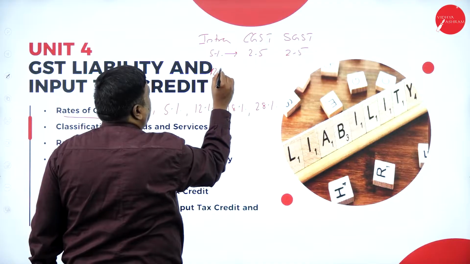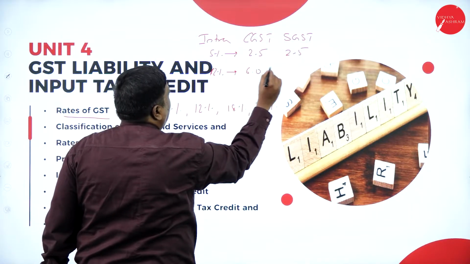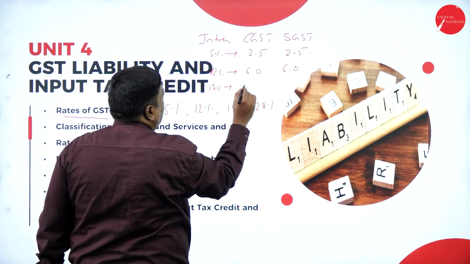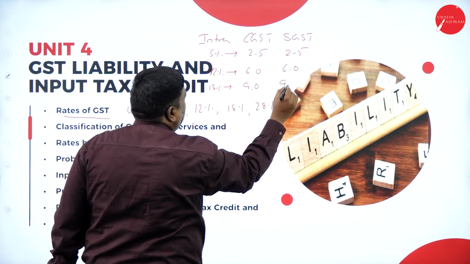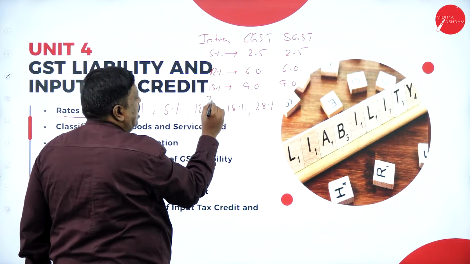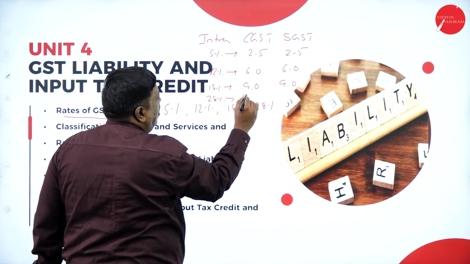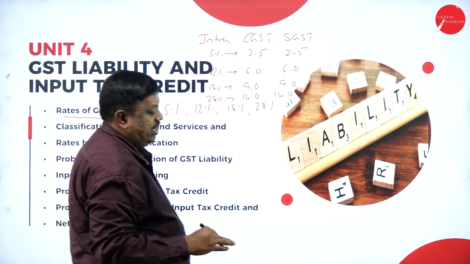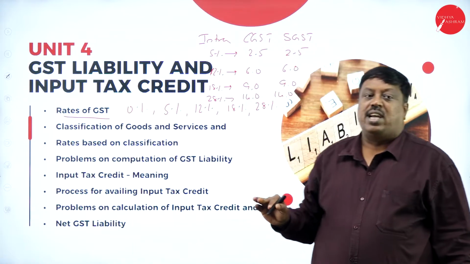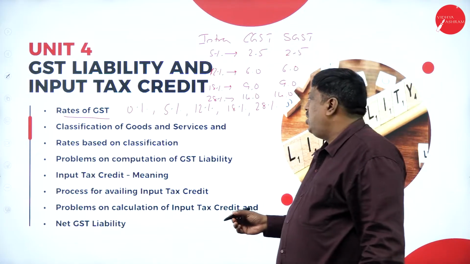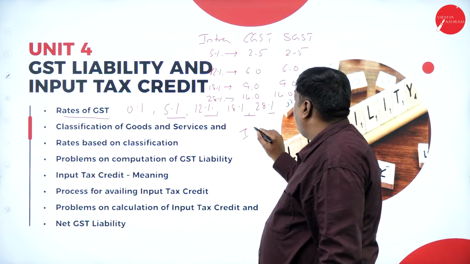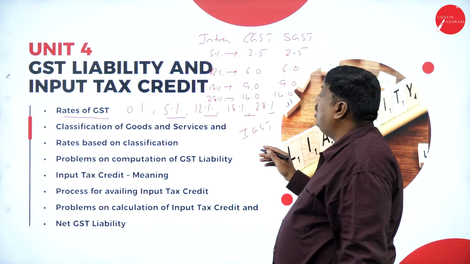If it is 12%, 6% will go to CGST and 6% to SGST. 18%, so 9% will go to CGST and 9% for SGST. 28% means 14% will go to CGST and 14% to SGST. If it is an inter-state transaction, the entire percentage will be written under IGST. So this is the concept we have.